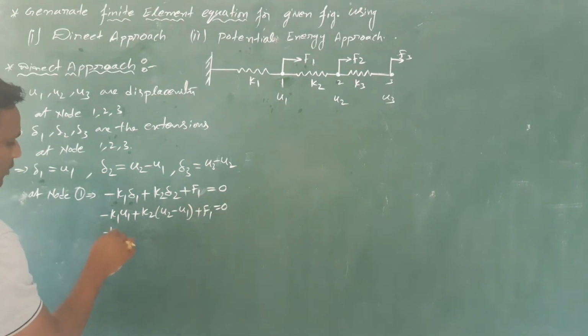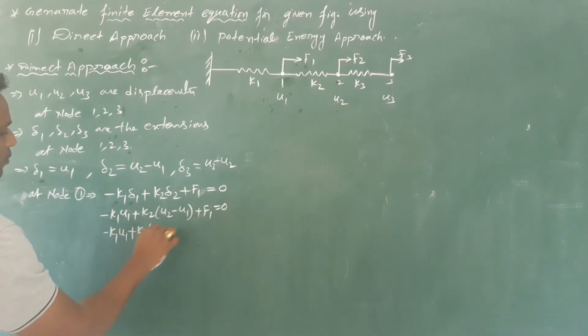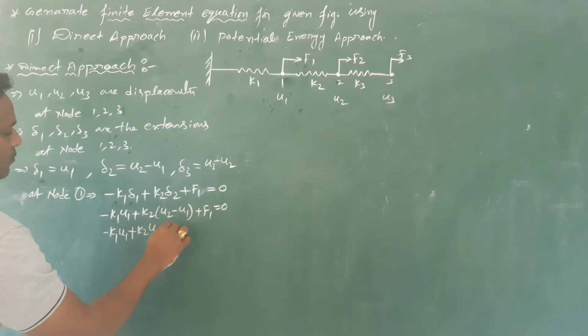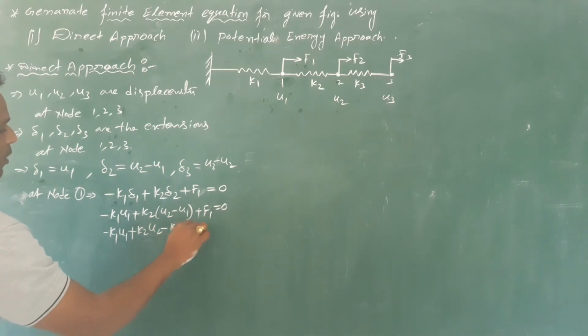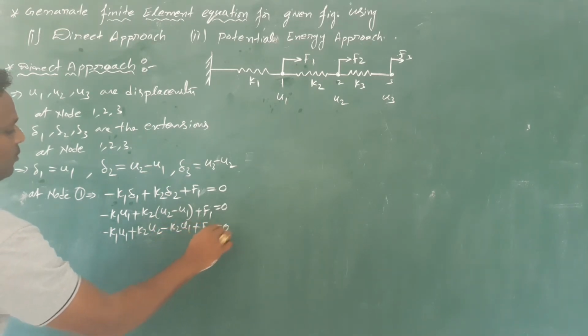Now simplify this equation. Minus K1 U1 minus K2 U1 plus K2 U2 plus F1 is equal to 0.